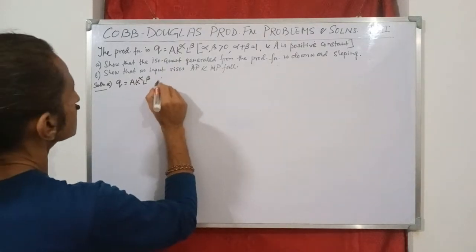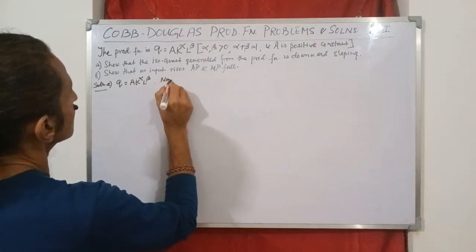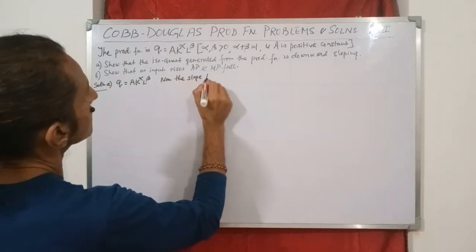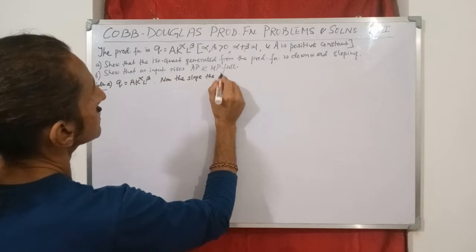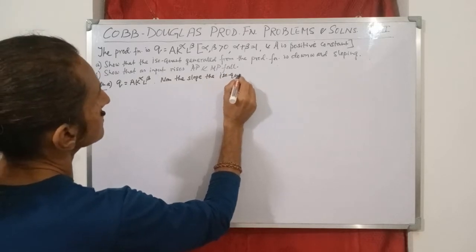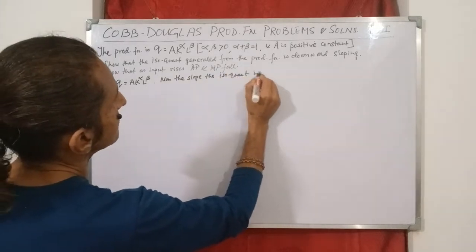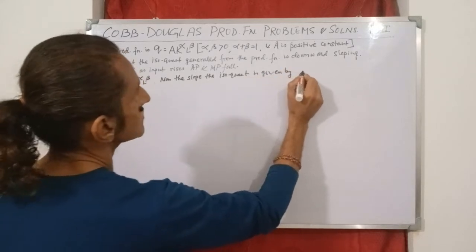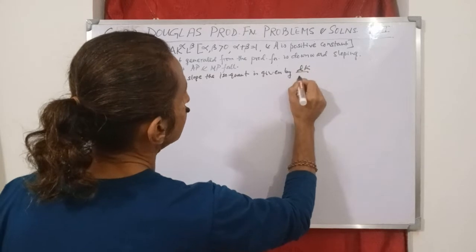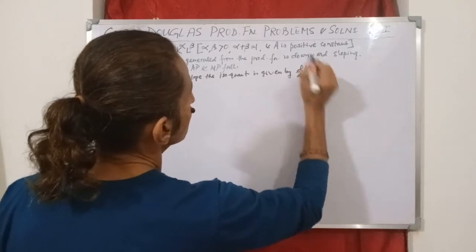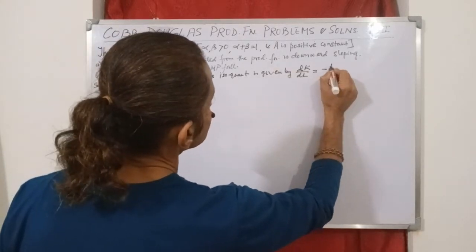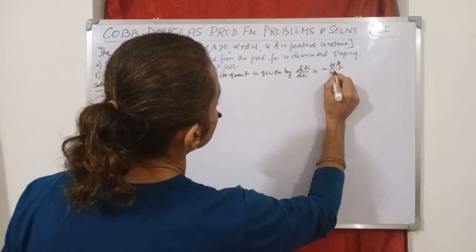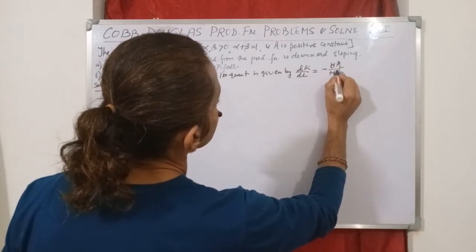Now, the slope of the iso-quant is given by dK/dL, which is equal to minus MPL by MPK.